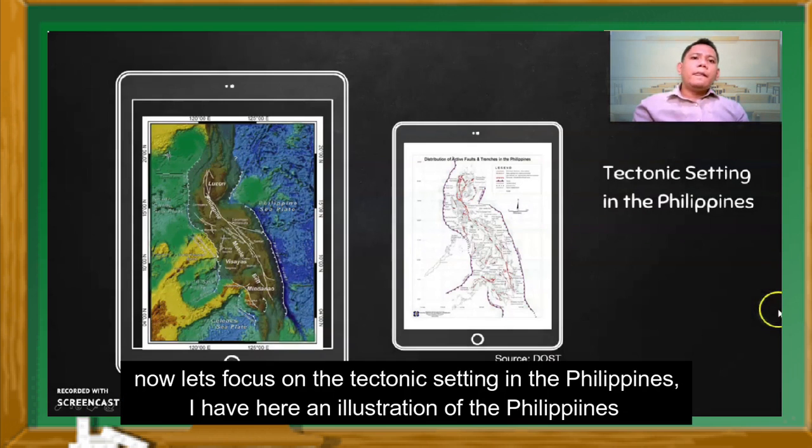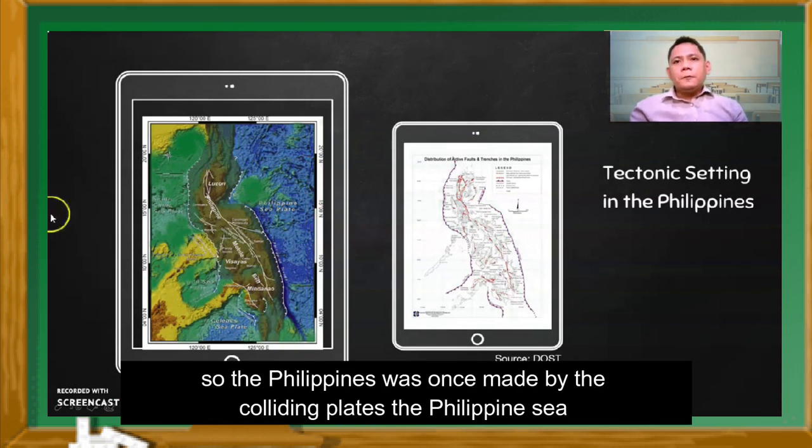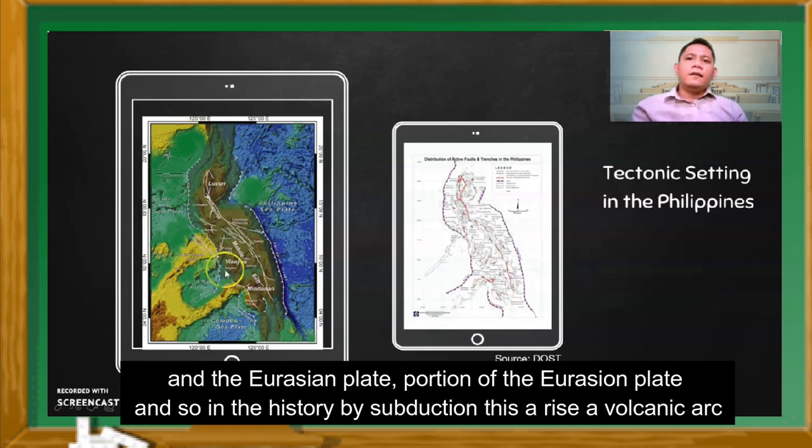Okay. Now let's focus on the tectonic setting in the Philippines. I have here an illustration of the Philippines. So the Philippines was once made by the colliding plates of the Philippine Sea Plate and a portion of the Eurasian Plate.